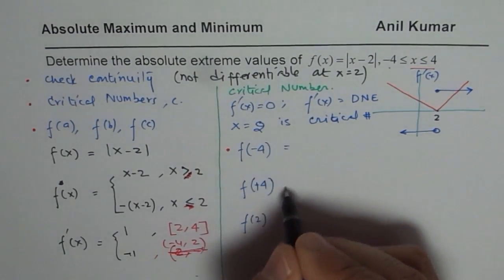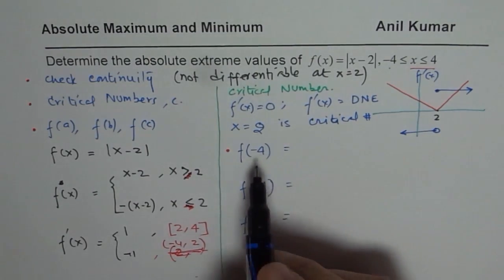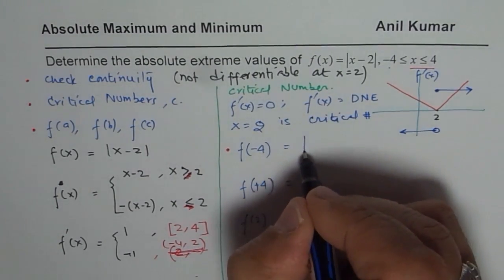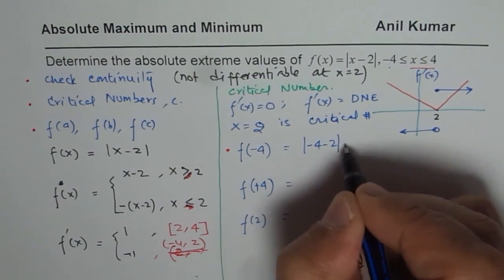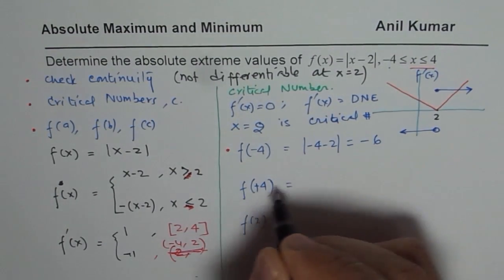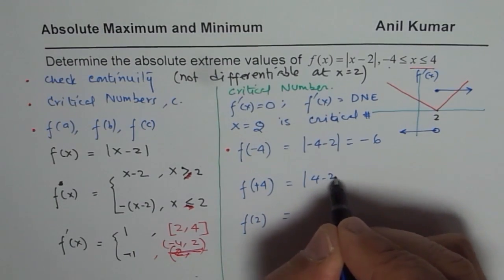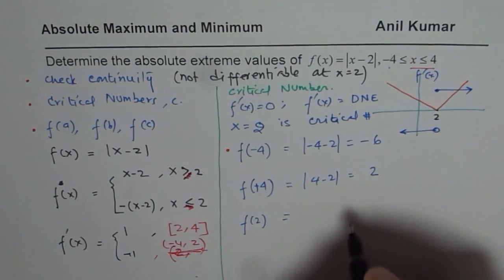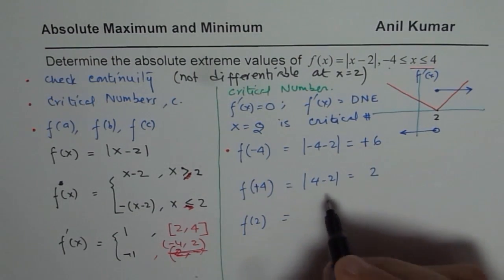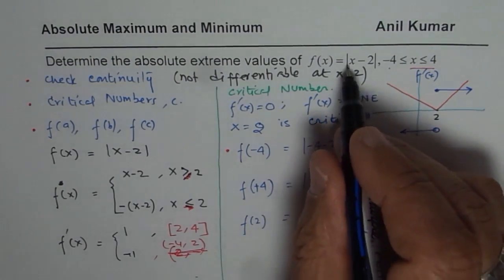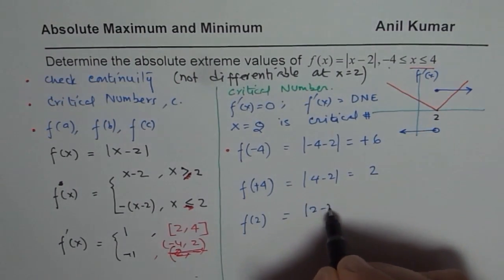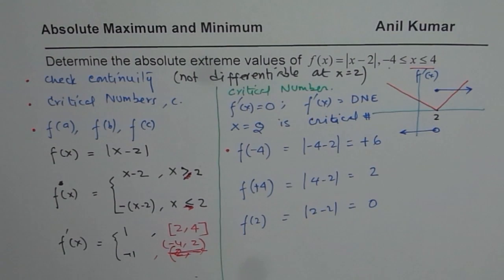So we'll find all these three values. So at -4, if I substitute -4 minus 2, I get a value which is -6. If I write +4, I get 4 minus 2, and +6, obviously, always plus, right? And at 2, if I write, I get 2 minus 2, which is 0.